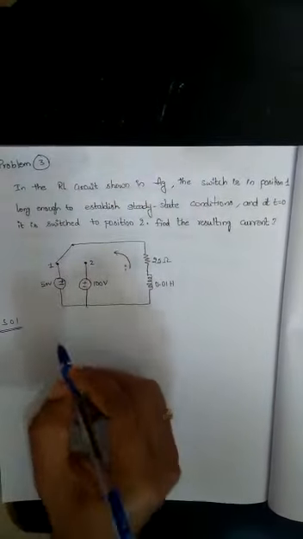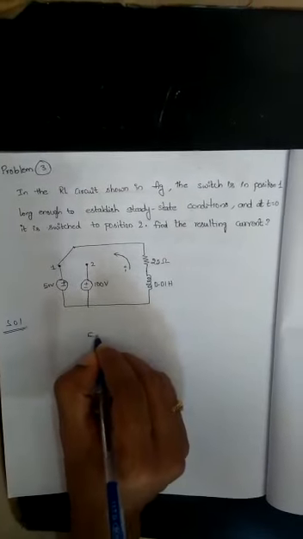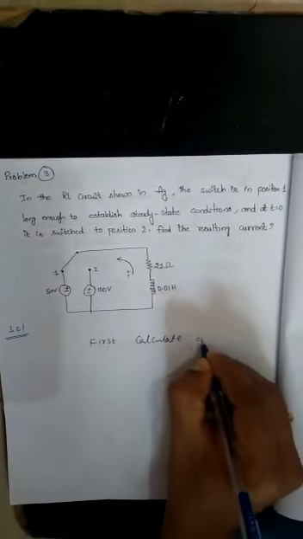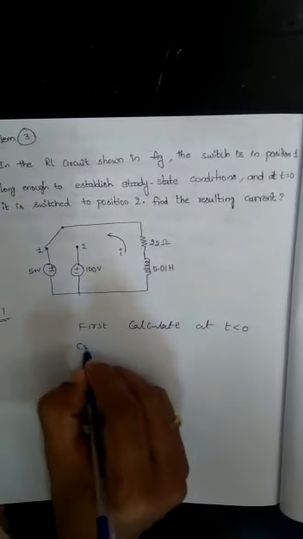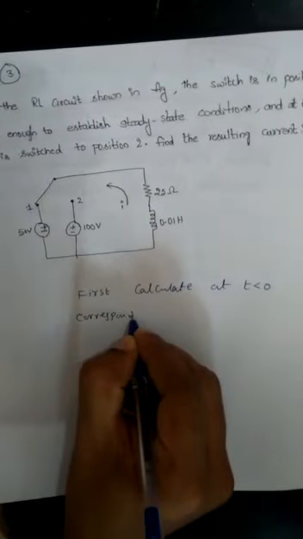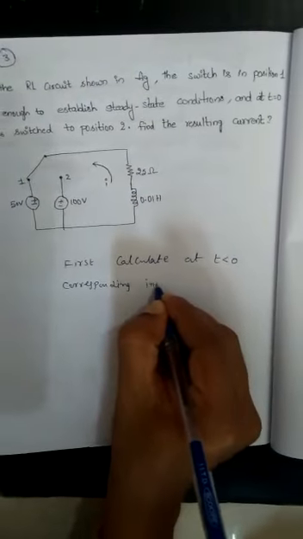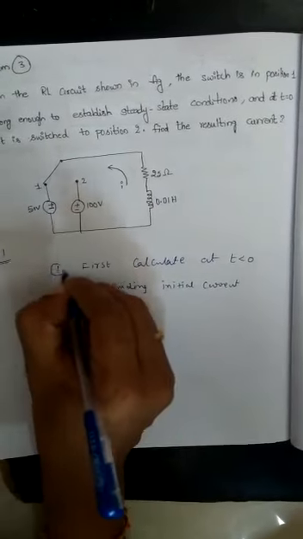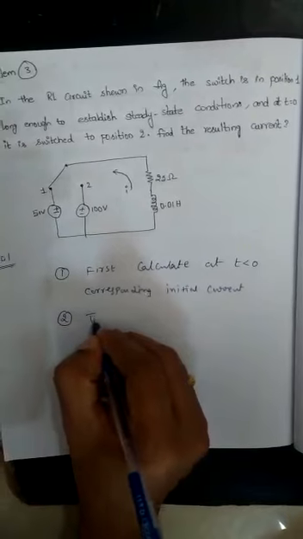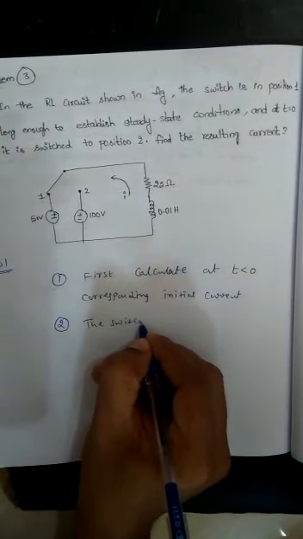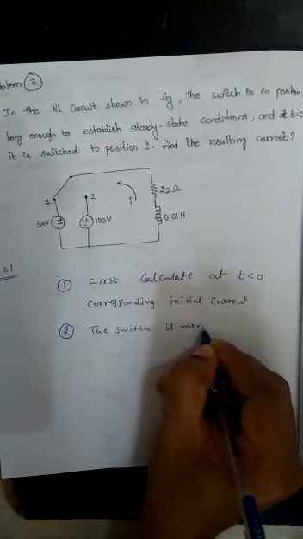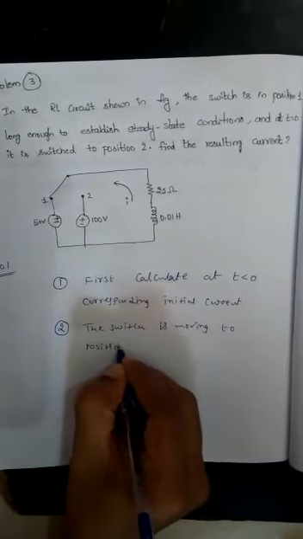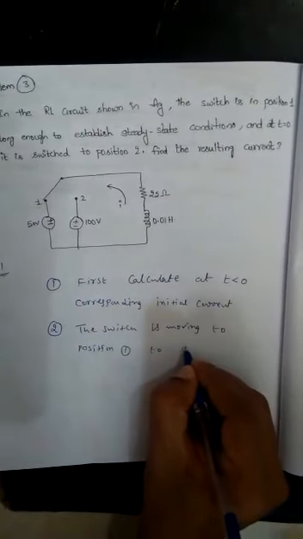So in a glance, we'll discuss what we're going to do. First we're going to calculate the corresponding initial current at t less than 0. After that, the switch is moving from position number 1 to position 2.